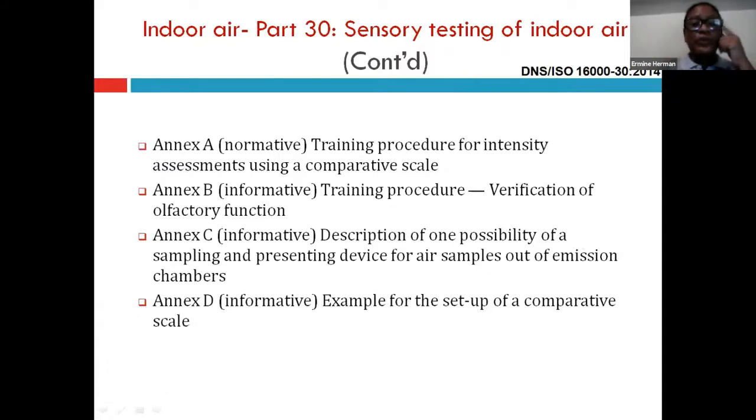The training procedure, the verification of the olfactory function. So you need to ensure that the individuals you're going to use for this assessment actually have a good sense of smell. You need to test that before commissioning that panel to do the assessment. Then the description of one possibility of a sampling and presenting device for air samples out of emission chambers.